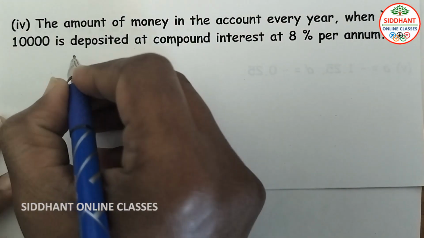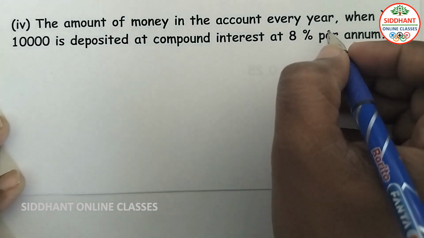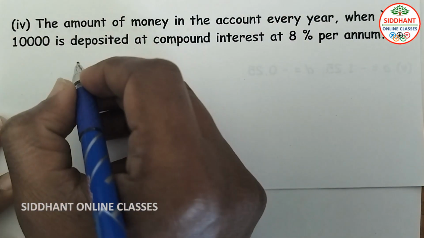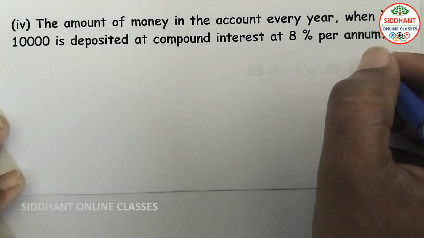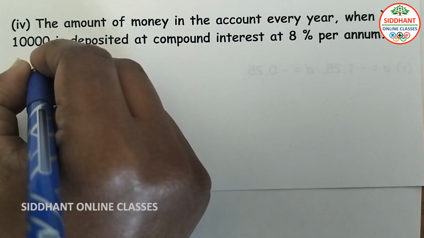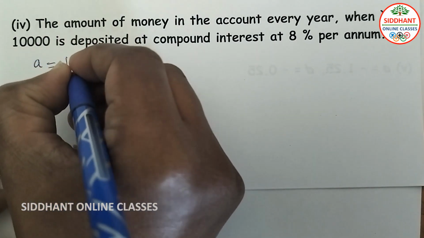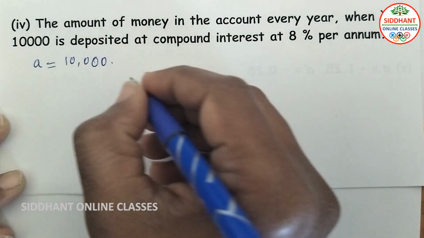Fourth one, the amount of money in an account every year when 10,000 rupees is deposited at compound interest at 8% per annum. So here the amount a is 10,000 here. Now we are going to see d here.